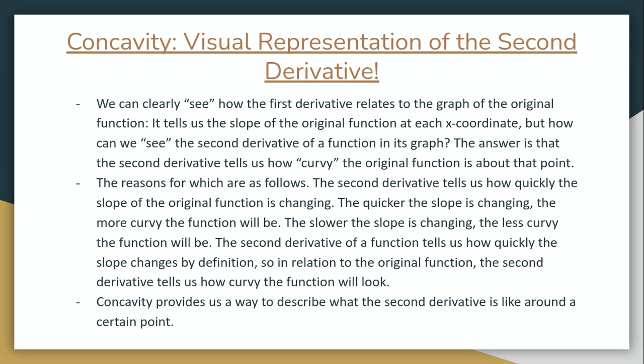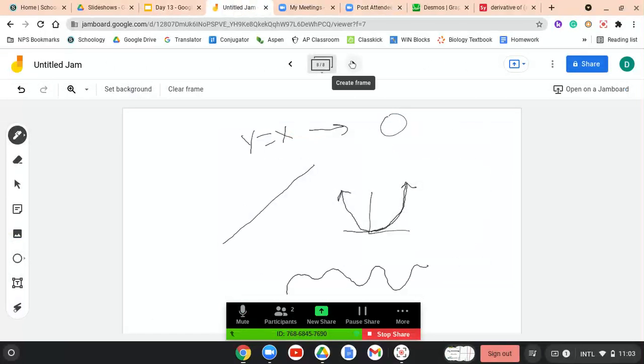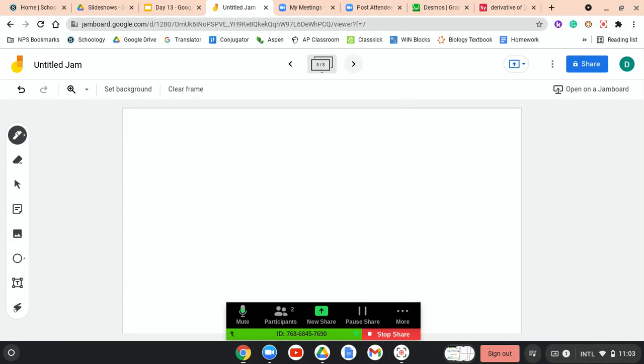So concavity provides a way to describe what the second derivative is like around a point, and we use two terms, which I'm going to explain in this slide. When the second derivative is positive, our slope is going to increase. So if we had a function that looked like this around this point, would you agree the second derivative is positive because the slope is increasing?